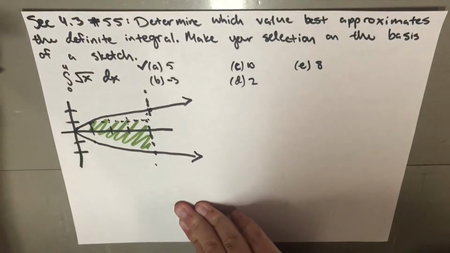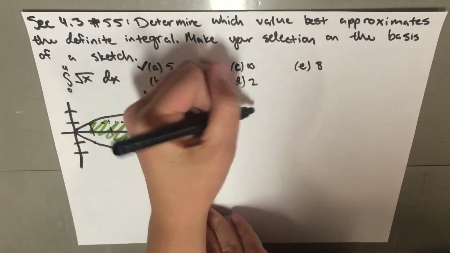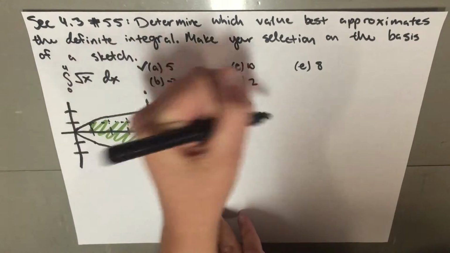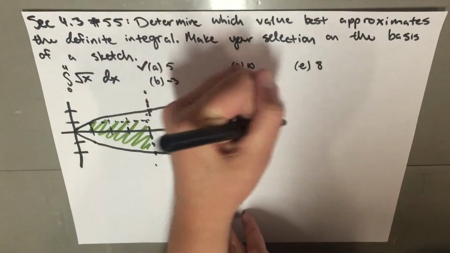And so from 4 to 0, our integral, or 0 to 4, and the square root of x is really x to the 1/2 dx.